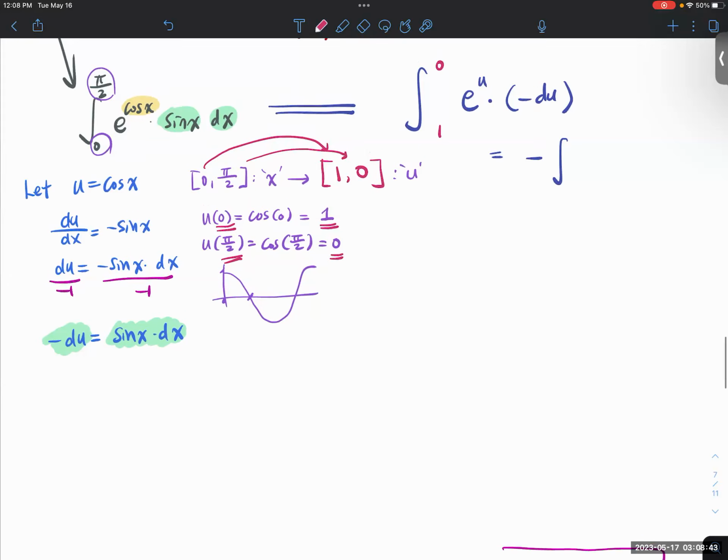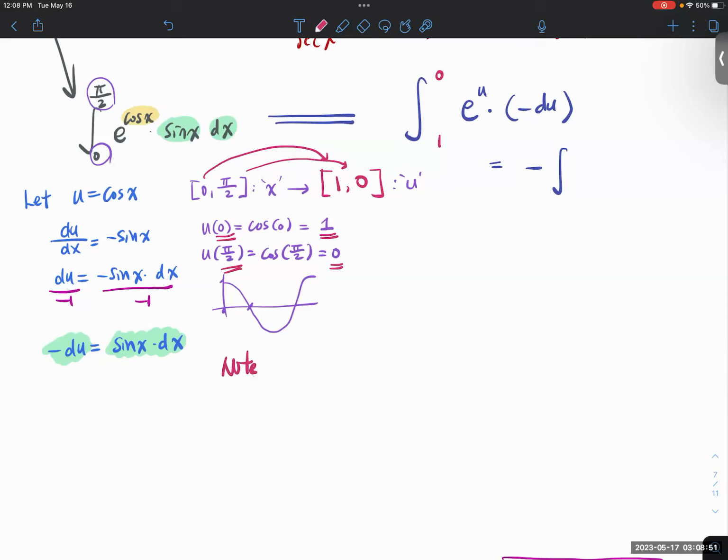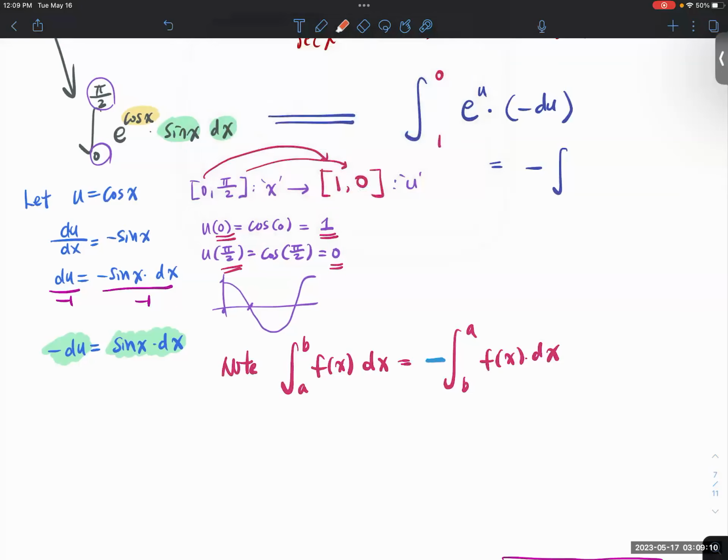Because it's 1 to 0, I'm going to write a little note before we conduct it. So note: if you have the integral from a to b of f of x dx, you can change a to b into b to a if you put the negative in front. You learned this in the beginning chapter.